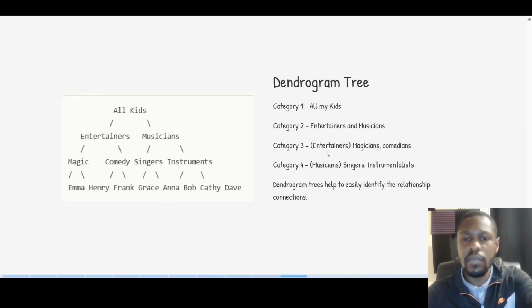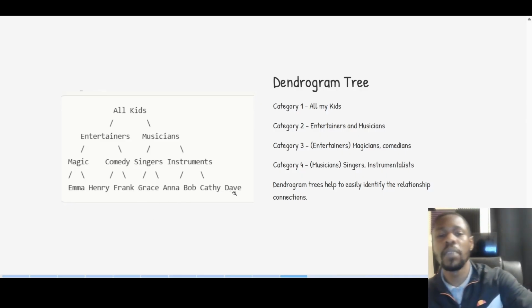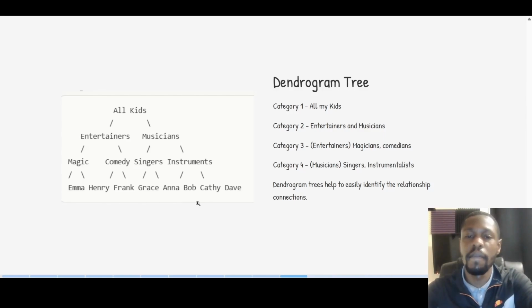Okay? And so category 3, we can further break down the entertainers into magicians and comedians. So the most similar would be Emma and Henry. Even though Emma, Henry, Frank and Grace are all entertainers, and all of these, Emma, Henry, Frank, Grace, Anna, Bob, Kathy, Dave, are all my kids, we are breaking them down in terms of their similarities, in terms of the data that we have been given.